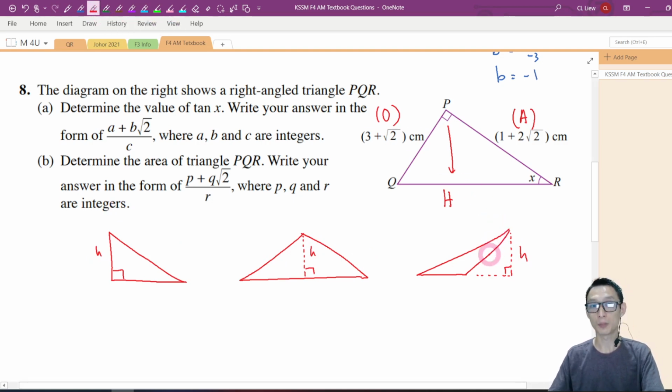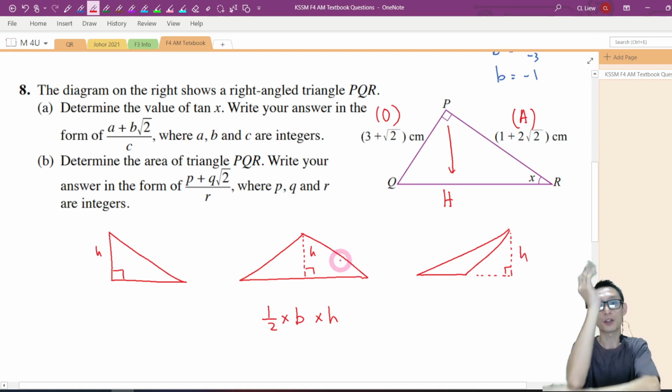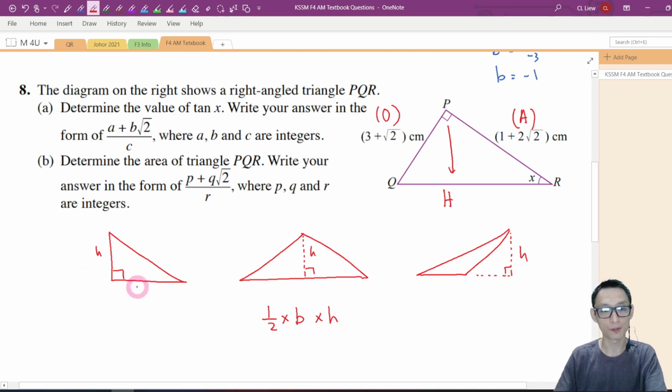Okay, but you have to be more careful when you want to find the area of this type of triangle. So no matter what type of triangle, the area will be the same, 1 over 2 times the base length times the perpendicular height. Okay, be careful, perpendicular height. The height that you use must be perpendicular to the base. So this is base.